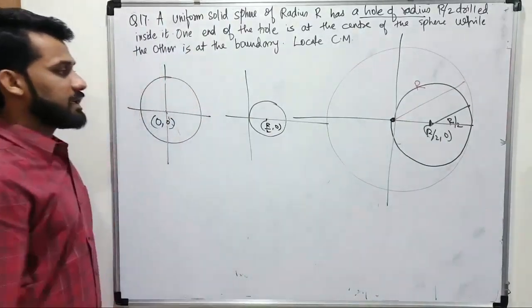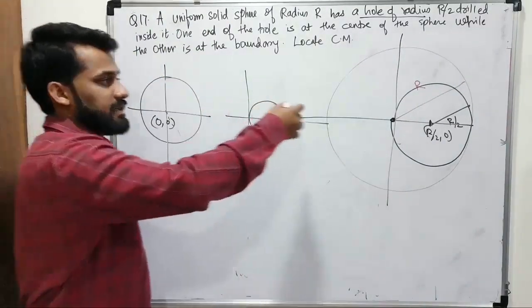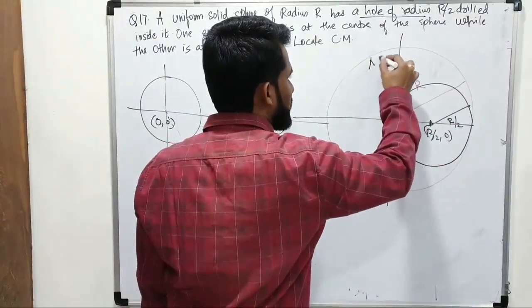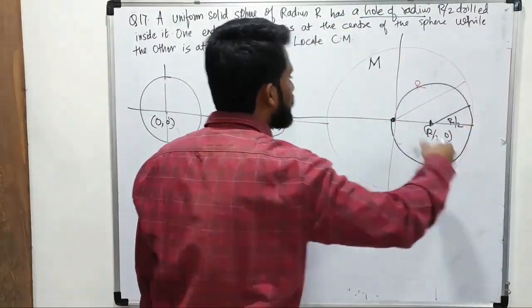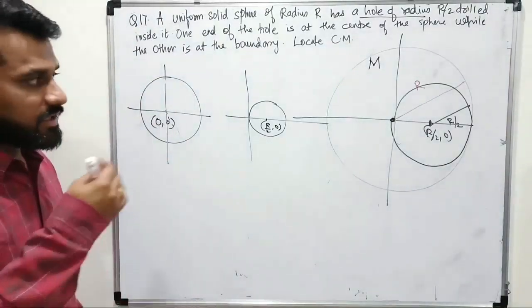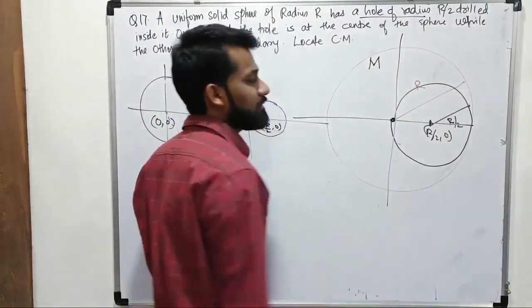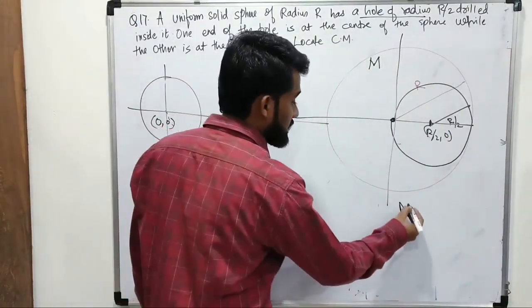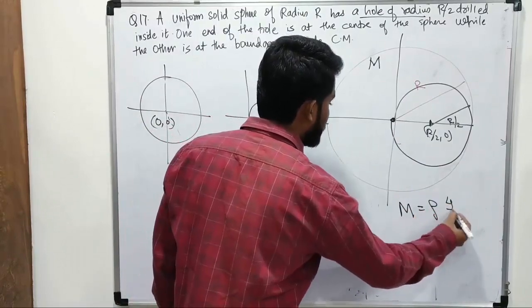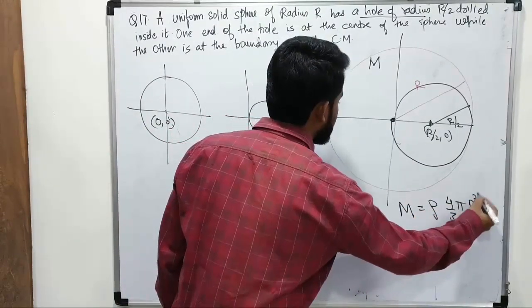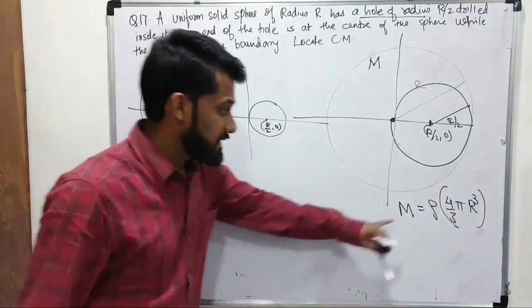So now in this particular question, if the mass of the whole red sphere is m, what will be the mass of the removed sphere? If the radius is half, will the mass also be half? No. Mass, density, volume, you know the relation, we are solving these questions. Mass is density into volume.